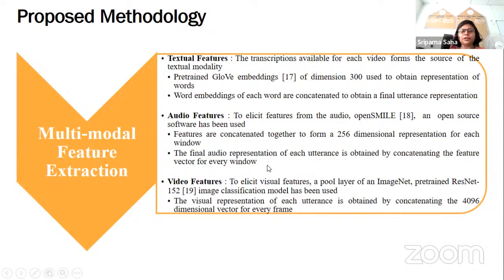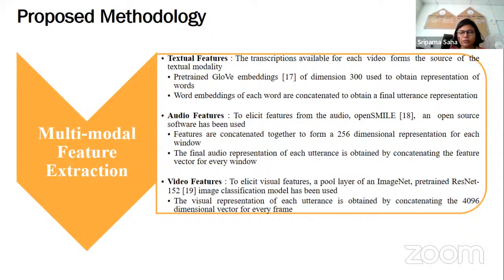Then we also have the video features. For the video, we first find the keyframes, and then the keyframes are considered as images, and we extract features from these images.